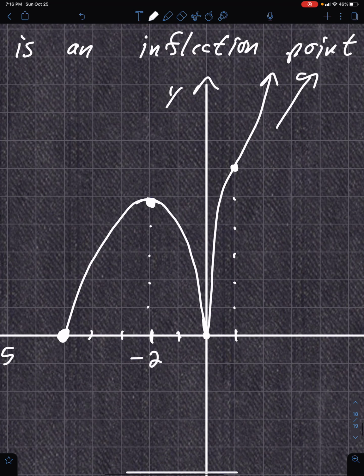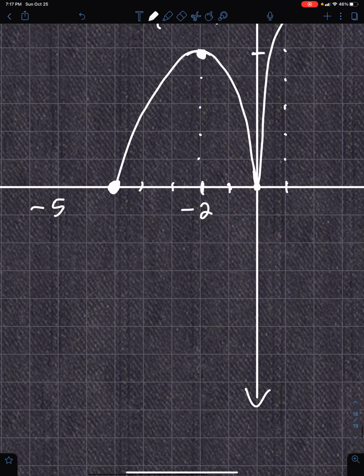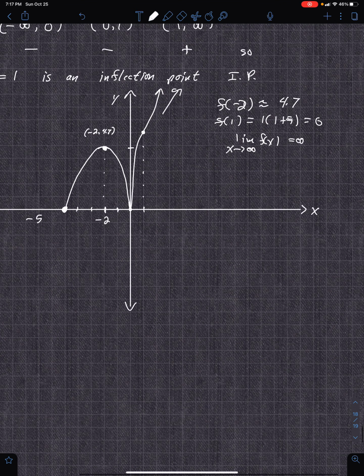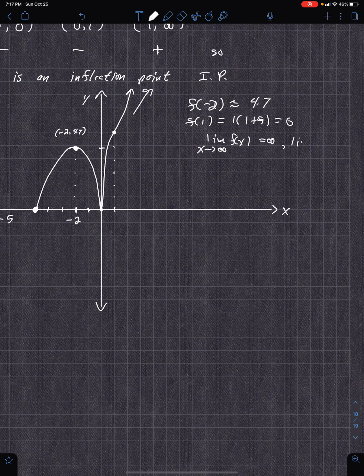Right here is negative 2 and approximately 4.7. Right here is your function value. There's your negative 5. Then as x approaches negative infinity, this is going to keep going down. You can also look at the limit of f of x, and you can do this kind of stuff in your head.